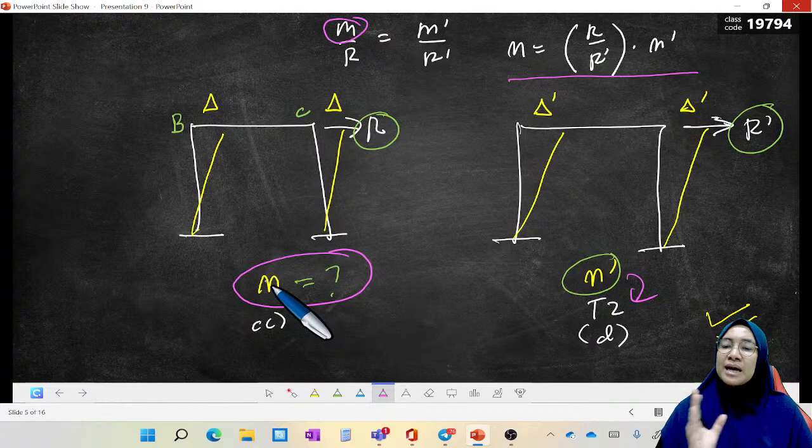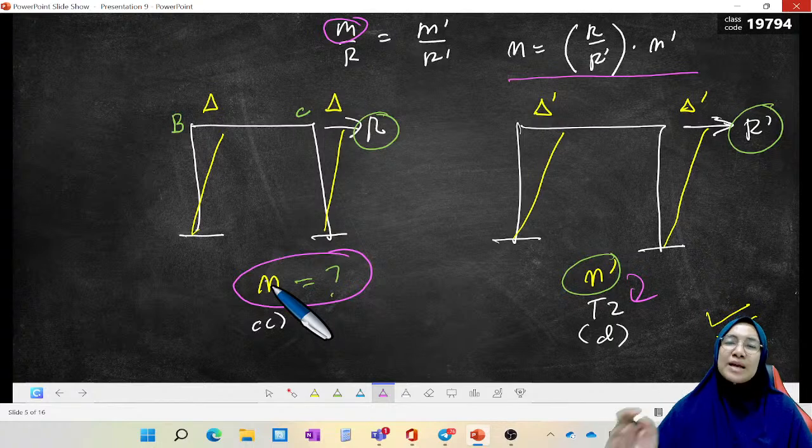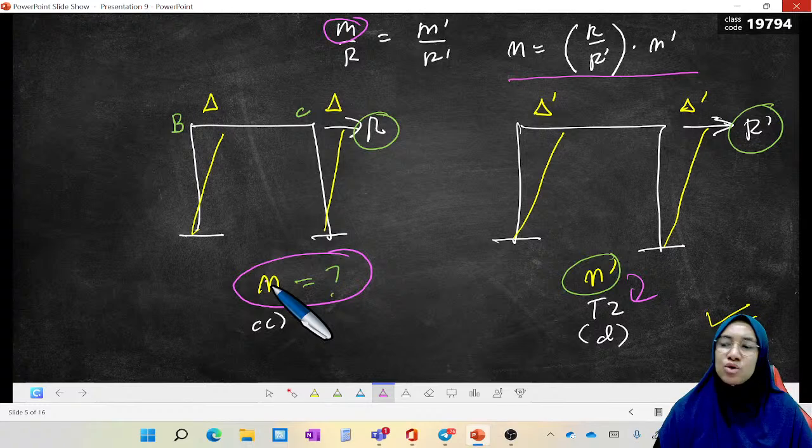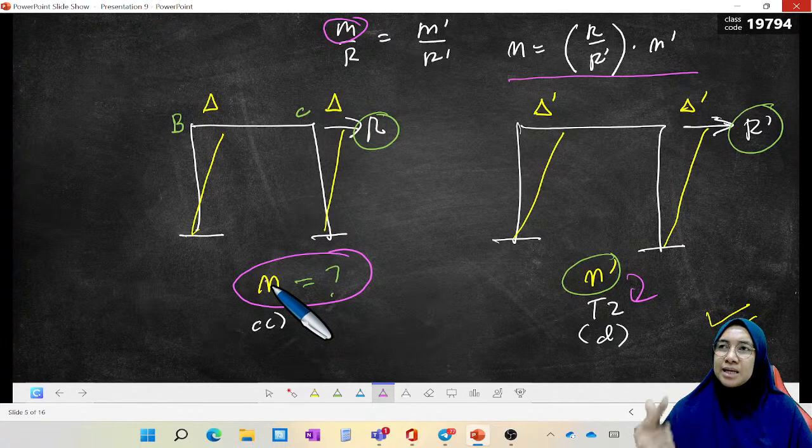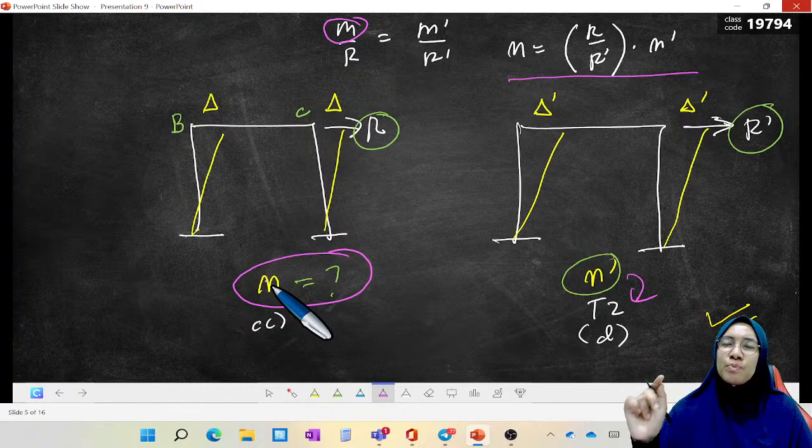This is the member end moment in diagram C, which occurs due to delta sidesway or due to R. But we cannot calculate this value directly. So we have to analyze another frame which is proportional to C. We now introduce diagram D, where it is the same diagram except the labels. All labels, for example R, delta and M, we have to differentiate by putting a prime.